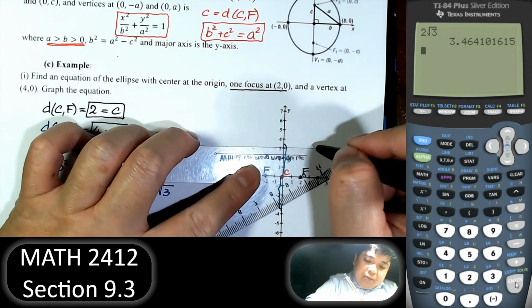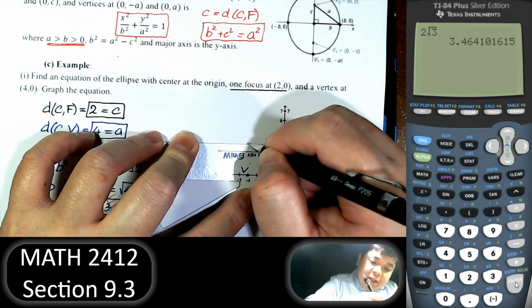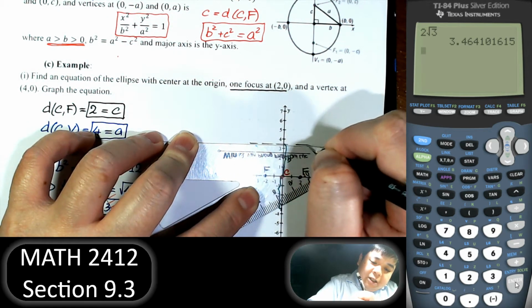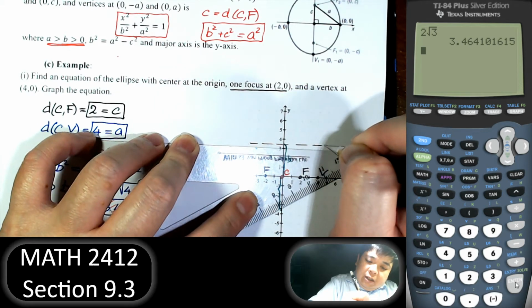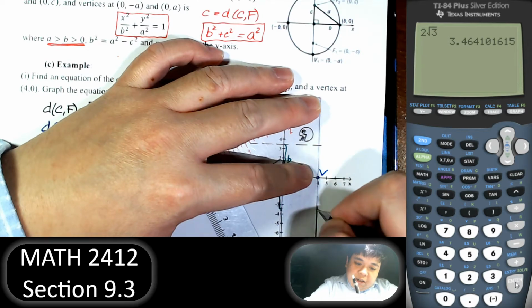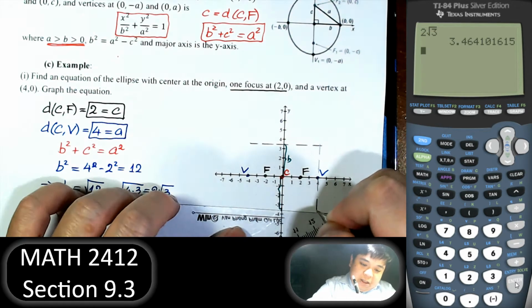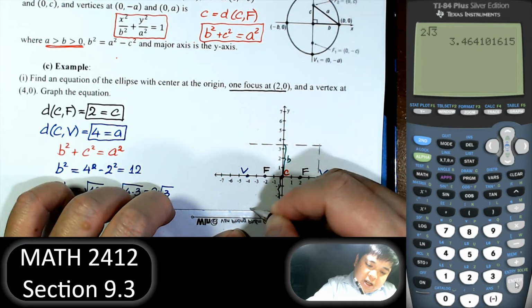So we go up and down b units, and left and right 4 units, or a units. And I can draw a box there.